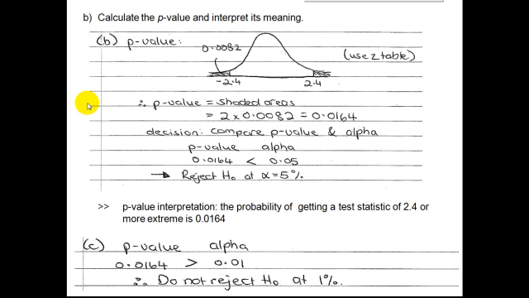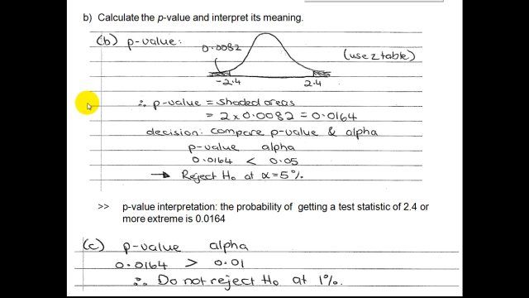So you can see I've drawn 2.4 onto my Z diagram and I've shaded in the area above that. Now, because this is a two-tailed test, getting a test statistic of 2.4 is equivalent to getting a test statistic of negative 2.4. We would have reached exactly the same decision given it's a two-tailed test.